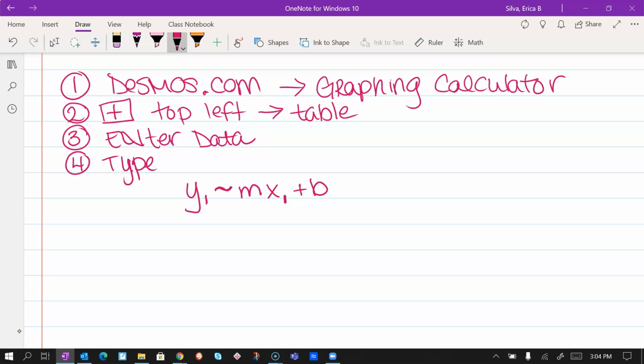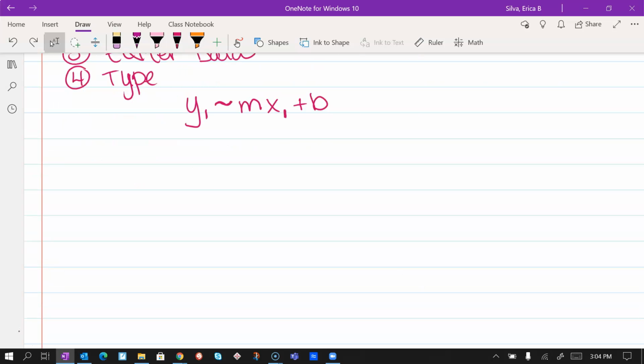What this program is going to do is get your x value and your y value, and then plot it. And then we're going to get this information: our r squared, our m, because that's going to be our equation, and our b.